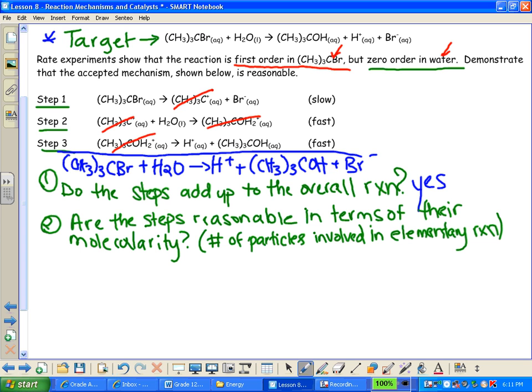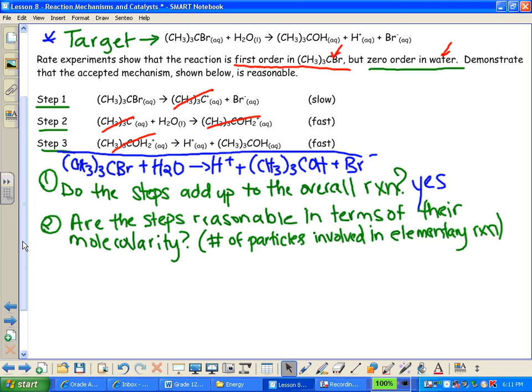I bet you've bumped into someone before. But the chances of 3 people bumping into each other at the exact same time in the hallway are pretty slim, highly unlikely. So you look at the amount of molecules on the reactant side and decide whether it's likely that those molecules will react to form a product.